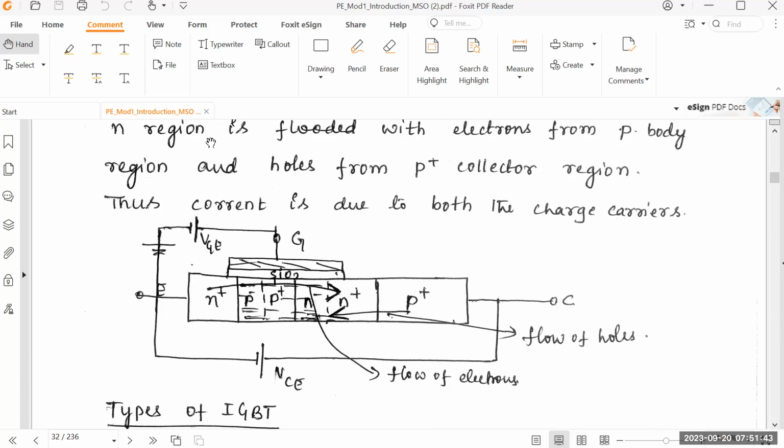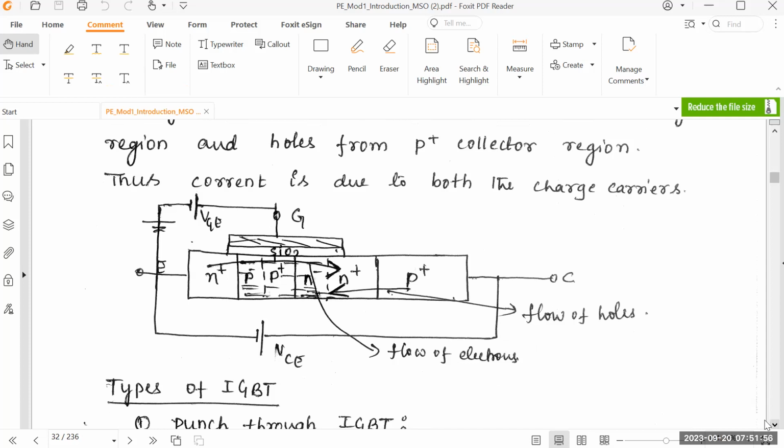In a similar way, holes are coming from the P plus region to the N region. So the current is mainly because of both charge carriers. Is it clear? I hope it's clear to you.